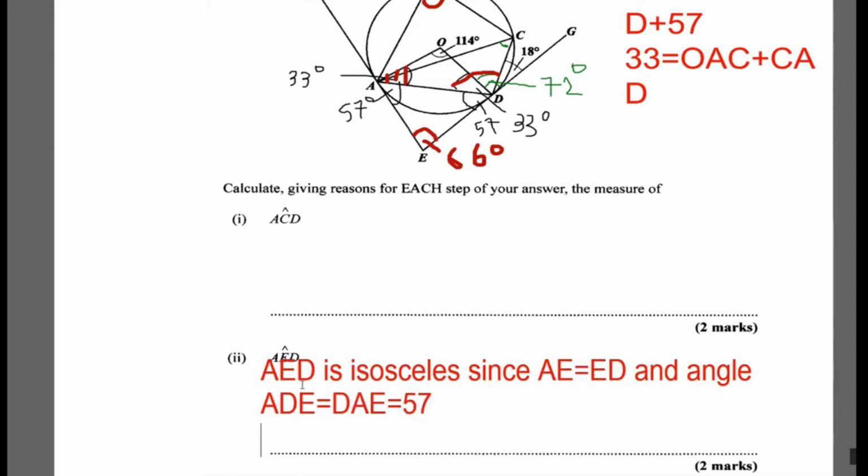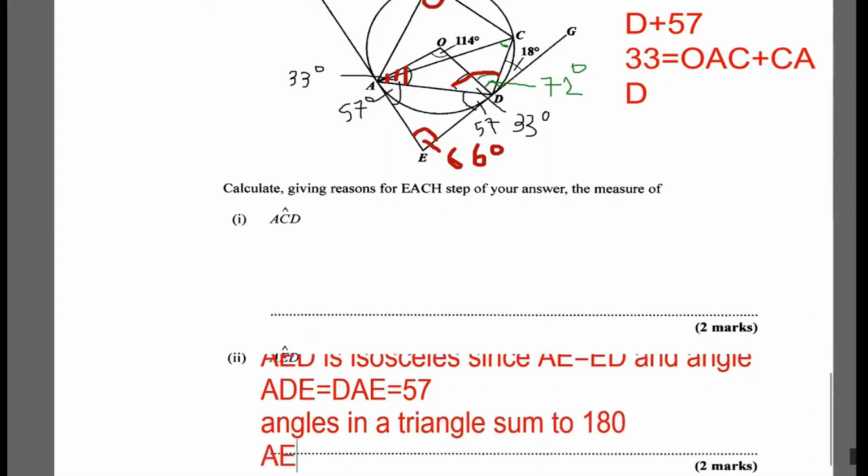Then angles in a triangle sum to 180, and so AED is equal to 180 minus 2 times 57, and that's how we get 66 degrees. So that's angle AED.